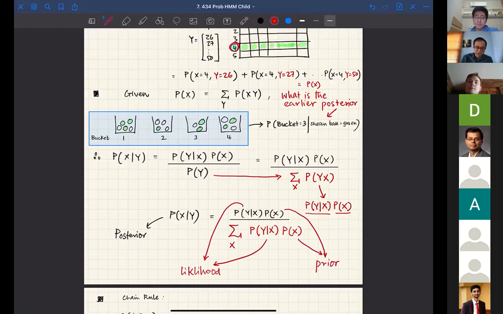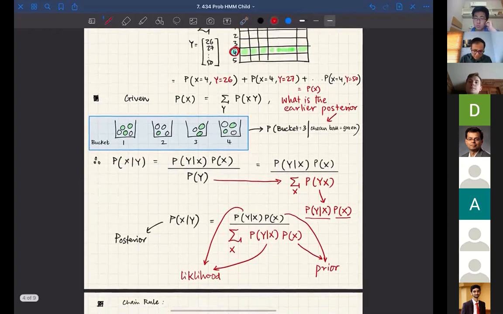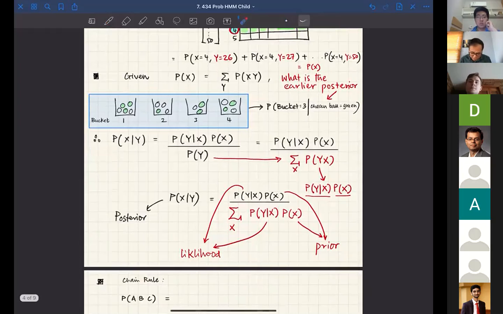Now you know everything. You know this P Y given X; you have to do it for every value of X, 1, 2, 3, 4. So if I tell you, for this problem, let's see you answer this: what is P Y equals green given X equals 1?